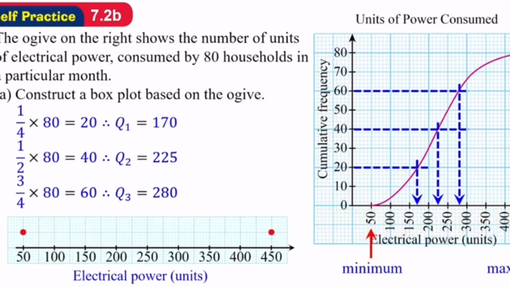Let's state a red plot, a red point, at 50 for the minimum value. And then we need to label and read carefully where is the Q1. Q1 is 170. So we need to count carefully how many boxes to show the right scale for first quartile, median, and third quartile, and also the maximum value.